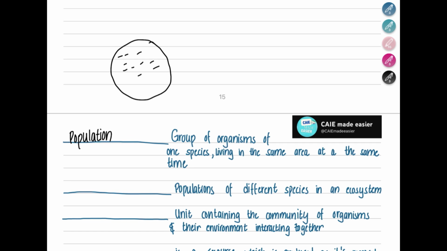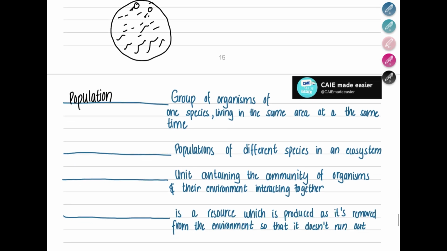Now, if there are also populations of different species in an ecosystem, say one ecosystem with ants, some worms, and some birds, different species, we call this a community. A community has different species, but in one ecosystem.